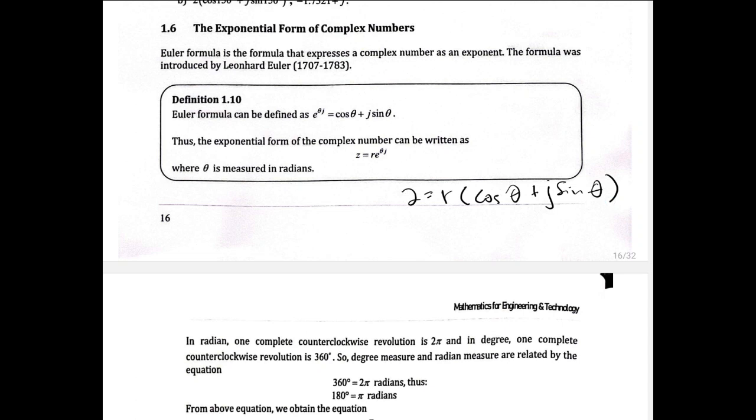Now, we will simplify it further using a very powerful idea introduced by Leonhard Euler, known as Euler's formula. Euler discovered a beautiful relationship between the exponential function and trigonometry. Look at definition 1.10.